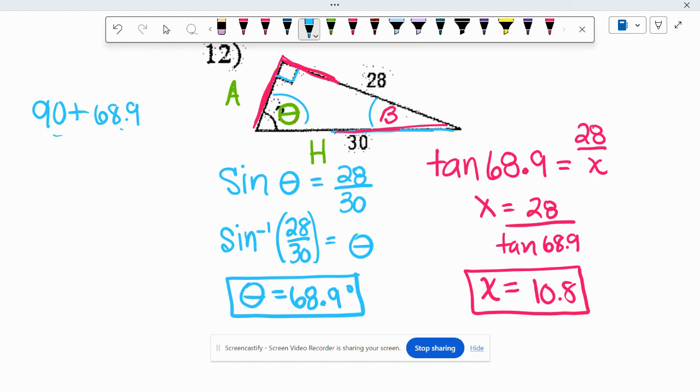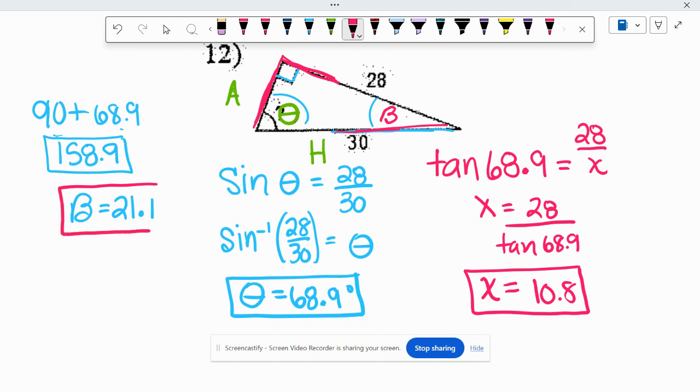What do those equal? 90 plus 68.9. 158.9. If you take 180 minus 158.9, what do you get? So beta equals 21.1.